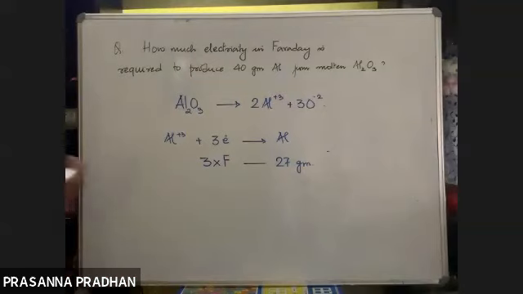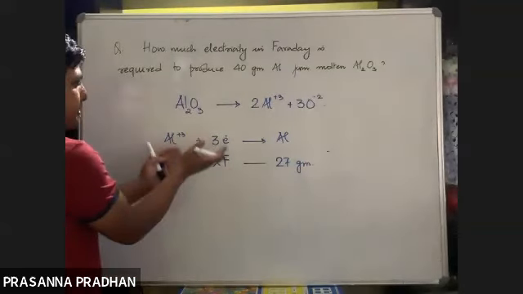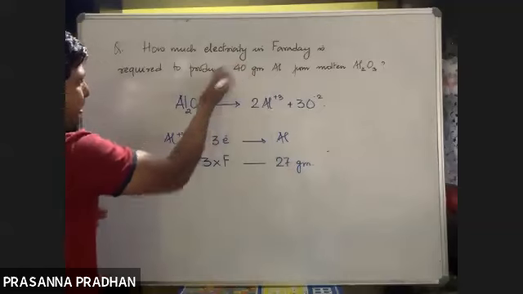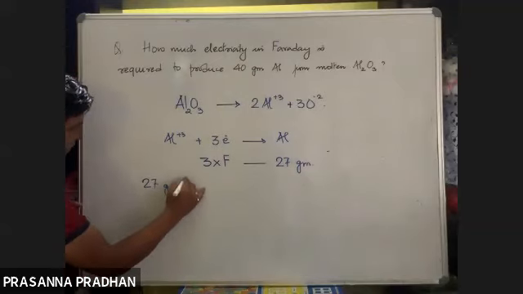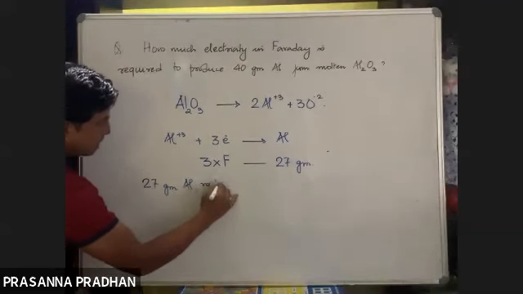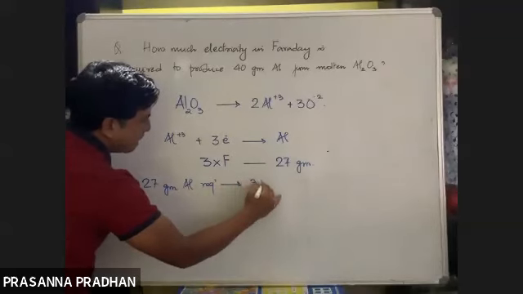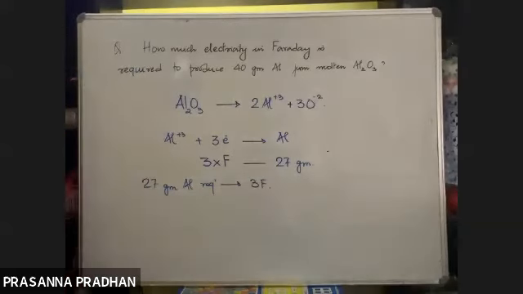Now I'm supposed to find out what amount of electricity is required to deposit, not 27 gram, rather 40 gram. So now it becomes really easy. 27 gram of aluminium requires how much Faraday? 3 Faraday of electricity.